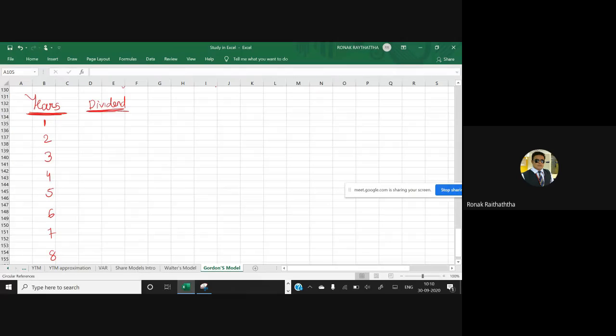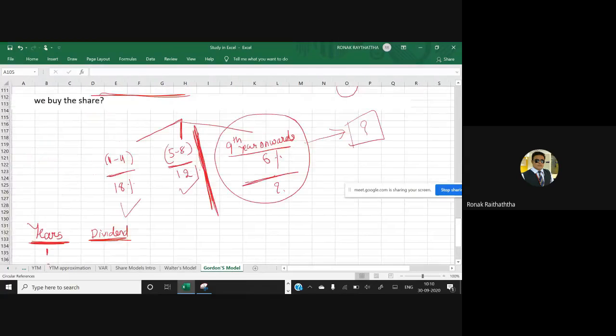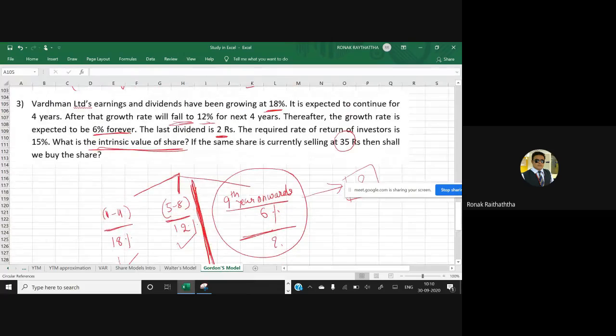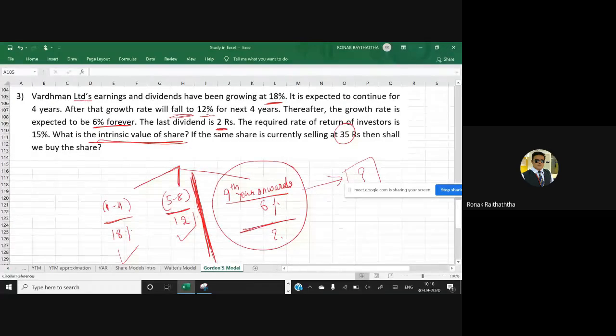Okay, so last year's dividend is given to us, right? Last year's dividend is how much? Can someone tell me from this sum if you can? Please unmute yourself and let me know. Let's not make it a monologue. We want the dialogue. We want a discussion.